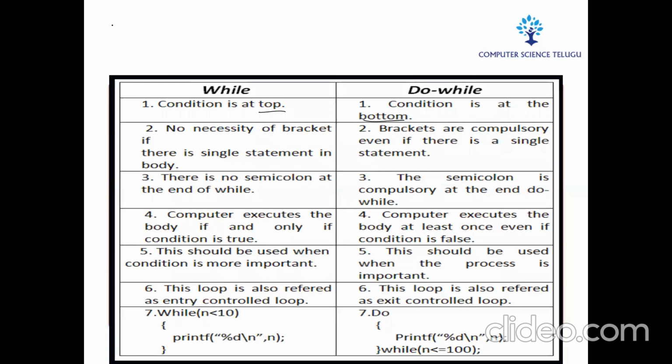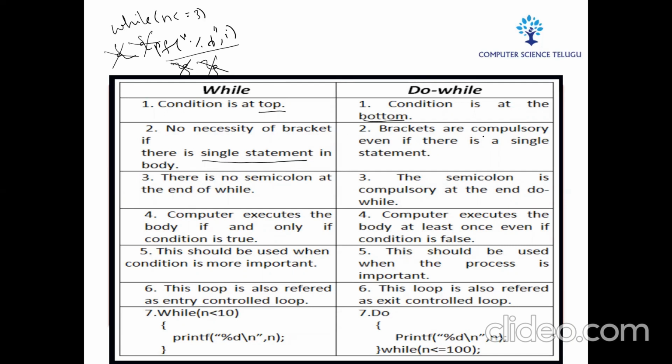So when you write while i less than or equal to 3, printf("%d", i). You see, brackets are not necessary if there is a single statement. We have only a single statement in while, that's why here there is no need to write the brackets. Even if you mention them, it will be allowed.